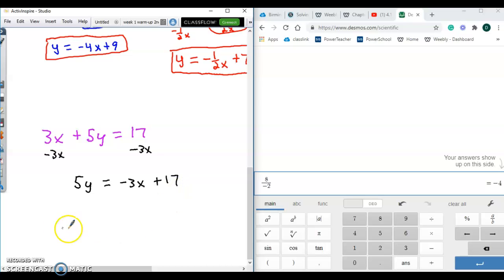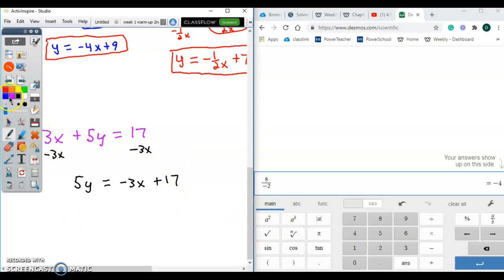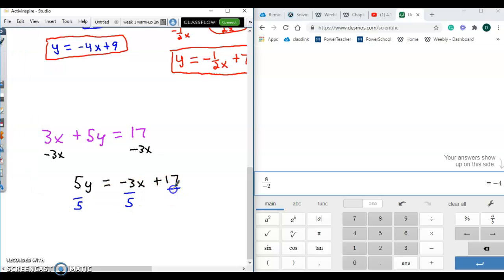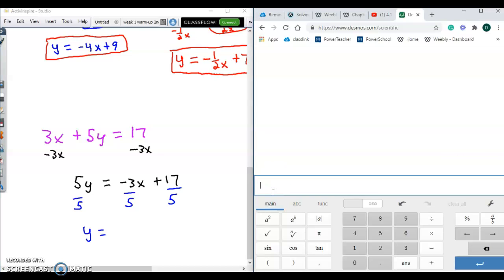All right, my next step is now to divide by 5. So now I can rewrite this. 5 divided by 5 is y equals, and now you're going to reduce these fractions if you can. If not, we can leave them as fractions. So -3 divided by 5 means -0.6.